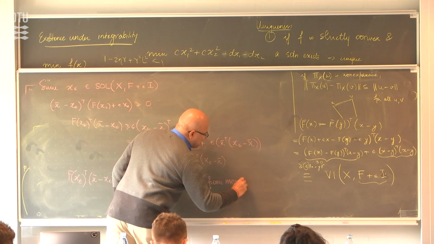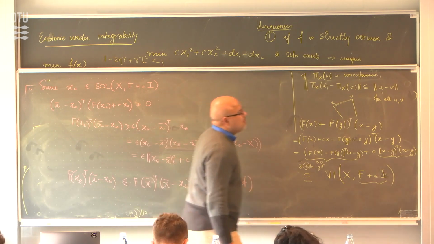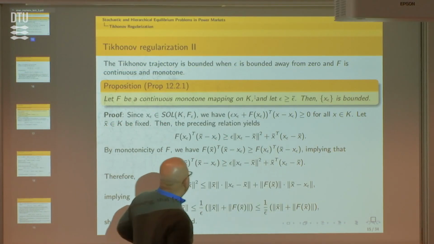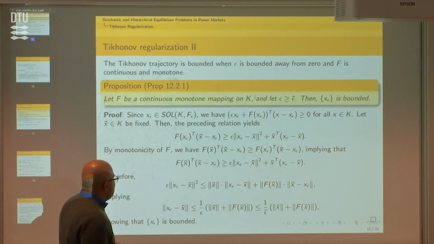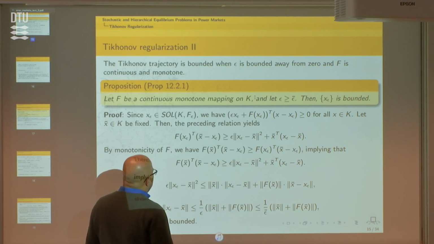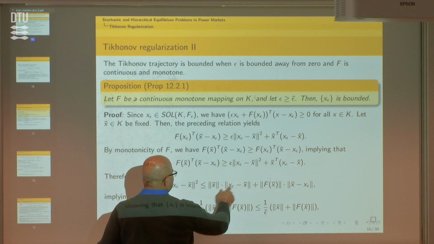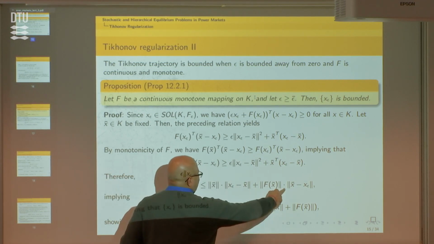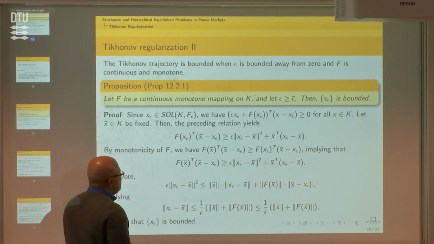So from the left side, I can introduce this, and then I have this plus epsilon. So now what you have is epsilon x epsilon minus x the whole squared. And now if you take this to the right side, you have x bar times x epsilon minus x plus f of x bar times x bar minus x epsilon.